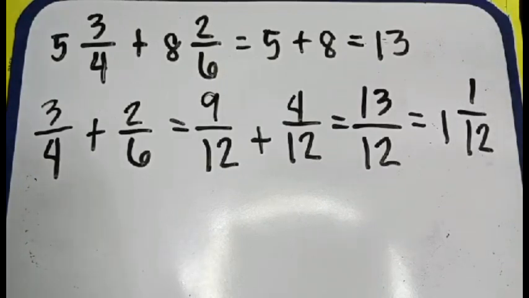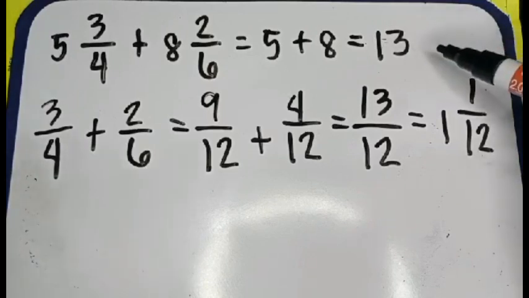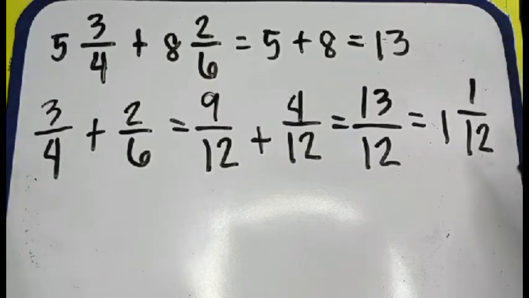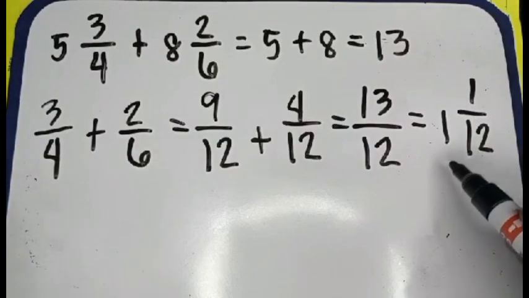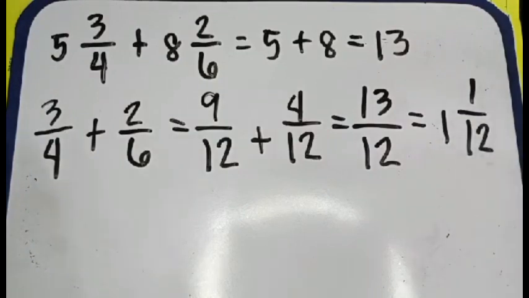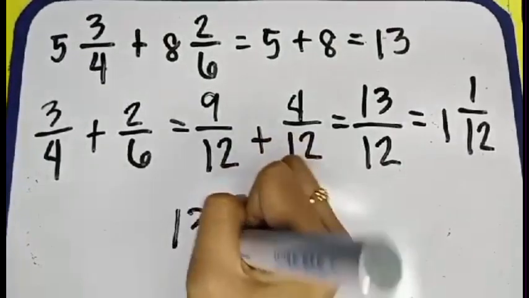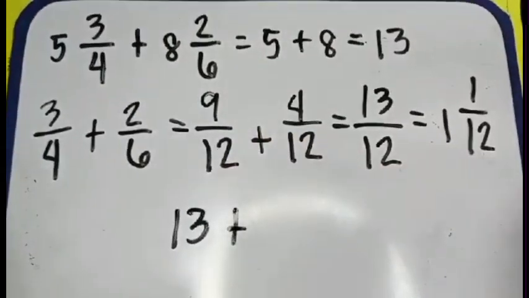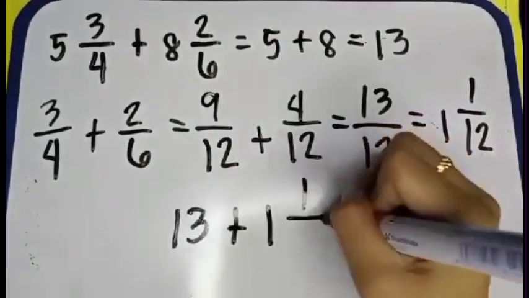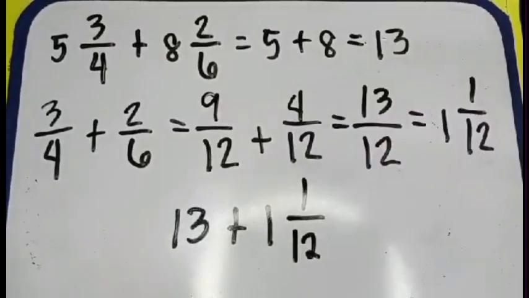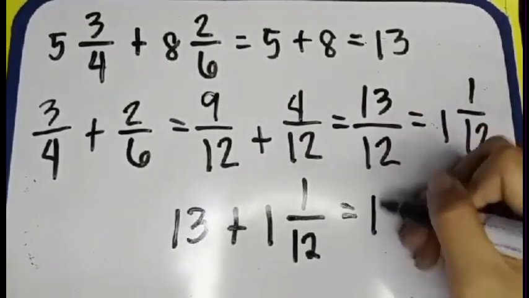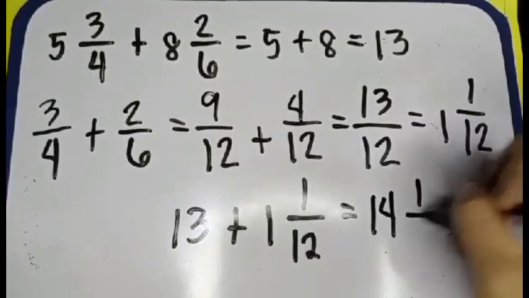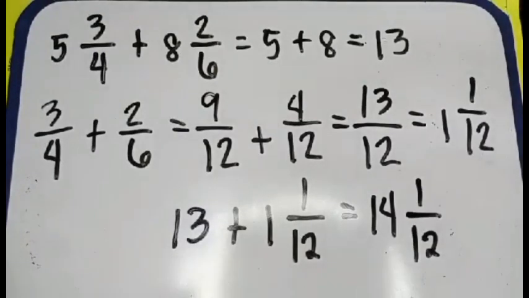Lastly is we are going to combine the answer natin sa whole number, which is yung 13, and yung answer natin sa fraction, which is yung 1 and 1/12. So, 13 plus 1 and 1 over 12 is equal to 14 and 1 over 12. And that's our final answer.